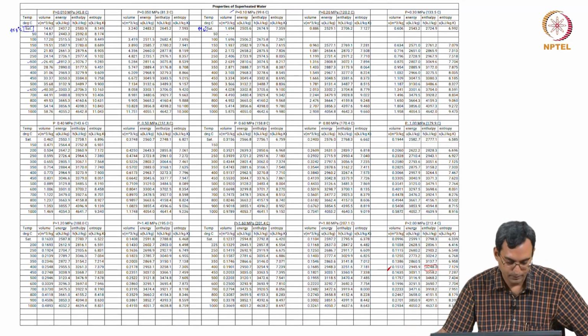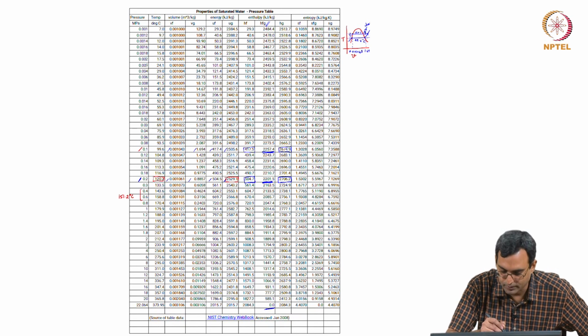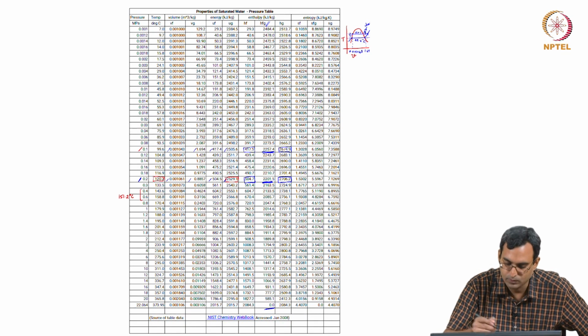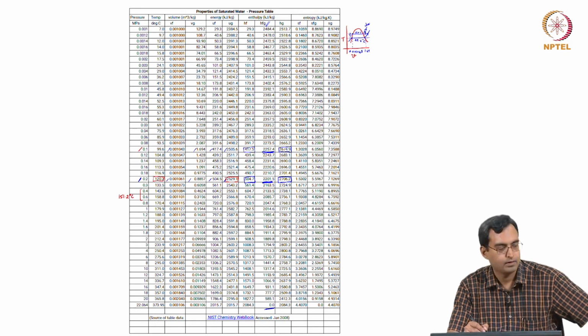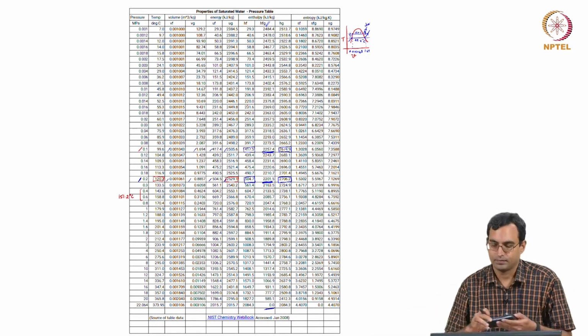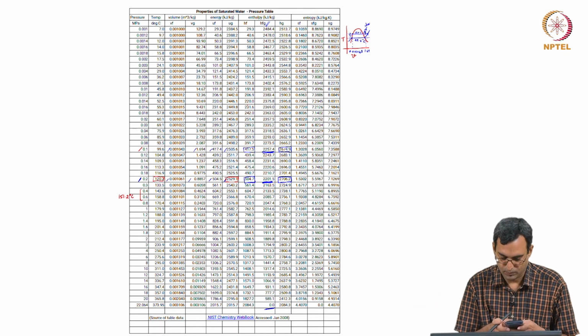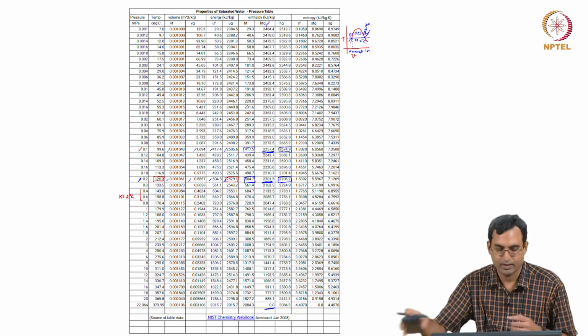So let me go back to the pressure tables for saturated liquid. So 15 kilopascal is 0.015. So that lies between these two. So what I need is hf and hfg. So hf is between 220 and 231.6. So I'm going to take the average of 220 and 231.6, which is 225.8.